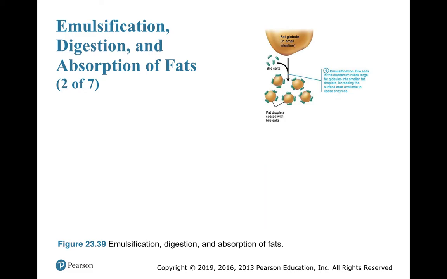So we get emulsification with bile salts in the duodenum, breaking up large fat globules into smaller fat droplets, and that increases the surface area, which makes them available to lipase enzymes. And then pancreatic lipases will hydrolyze the triglycerides, giving us a monoglyceride and 2 free fatty acids. Those will form into micelles, which consist of those fatty acids, monoglycerides, bile salts, and lecithin.